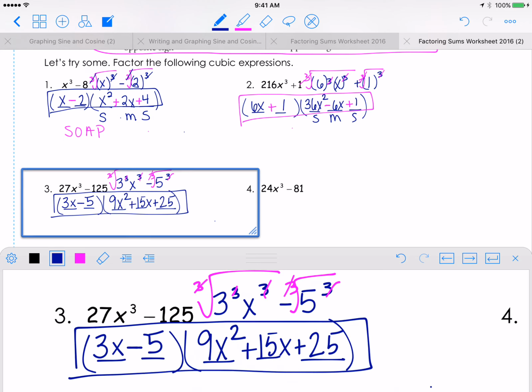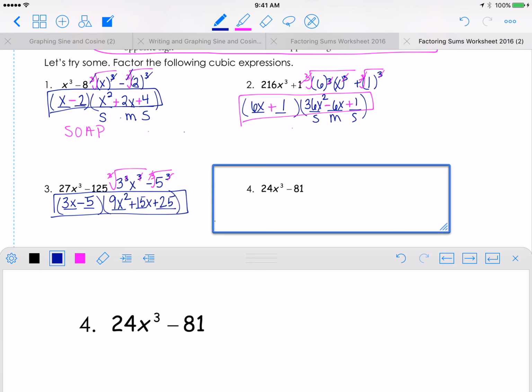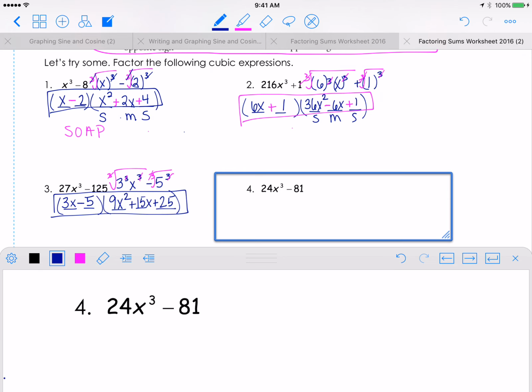Last example. So this one, we've got to be real careful here. Can anybody see what happens? We need to take out a GCF. So what is a factor of 24 and 81 that we can take out of here? Well, I hope you said 3.